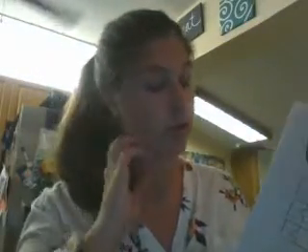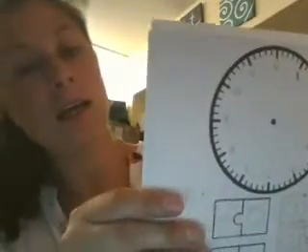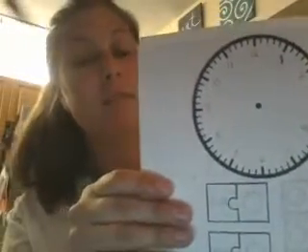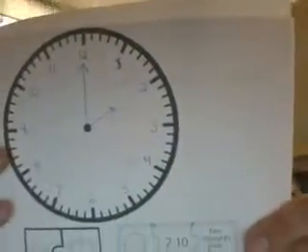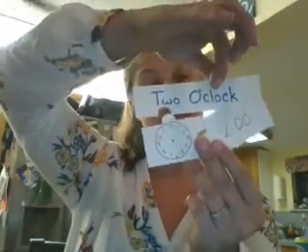So now I want you on here to label 2 o'clock. So it should look like this. And then when that is completed, the students will then put the puzzle pieces back together and connect them.